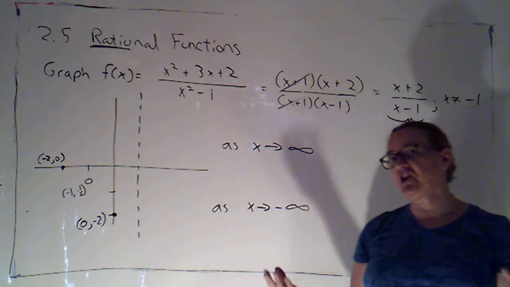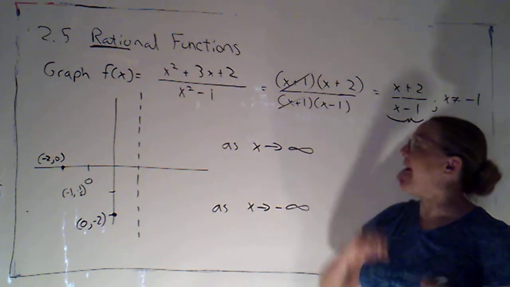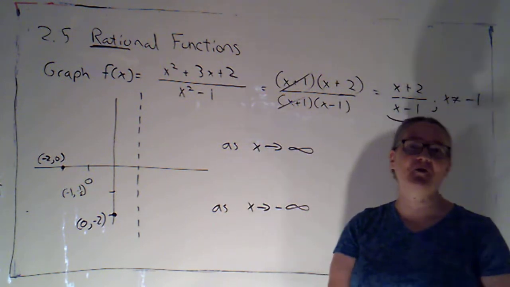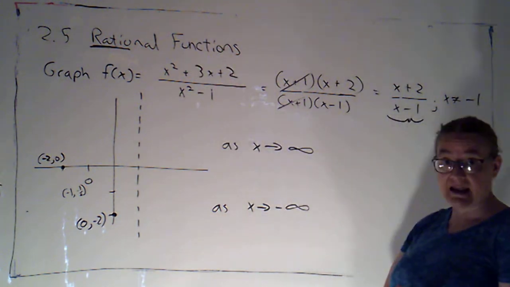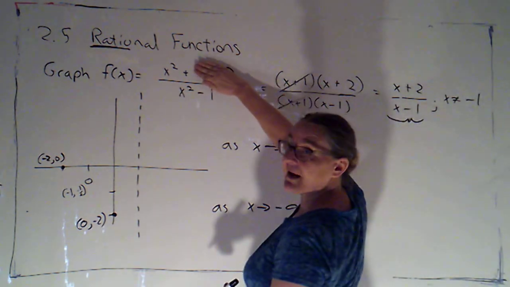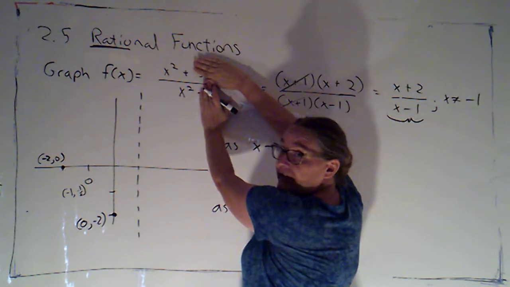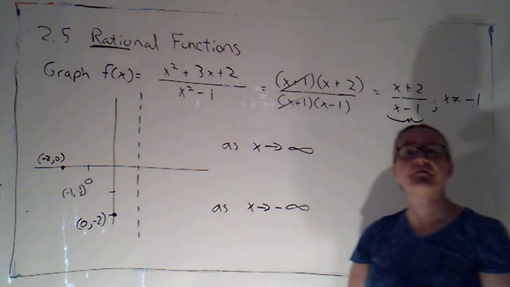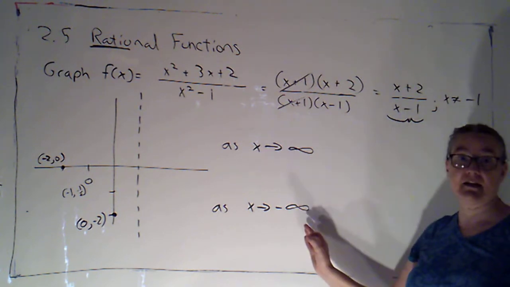But I can't, in general, deal with just that. I can't assume that those infinities are going to be the same size. In this case, my lead terms are actually the same. But the rule is, just like a polynomial is dominated by its lead term, a rational function is going to be dominated by the fraction of its lead terms as we go off to infinity or negative infinity.